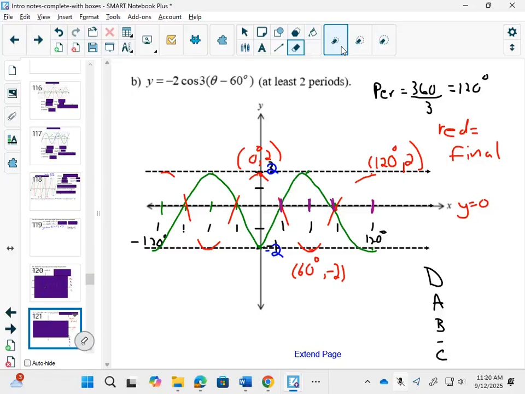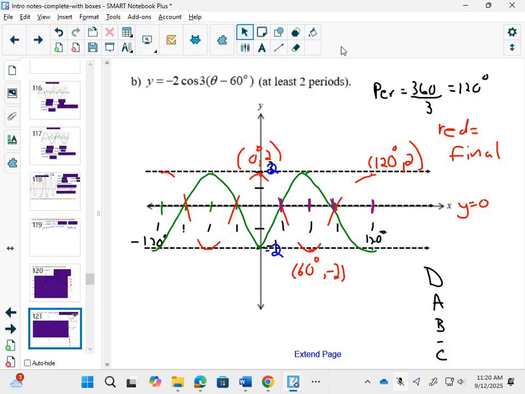But can you see that the red graph is saying I'm starting at the maximum, and then I would go to the next tick mark, maximum, center line, minimum, center line, maximum. That would be my graph without the shift. So usually I draw my graph without the shift with the dotted line first. That's the red one.